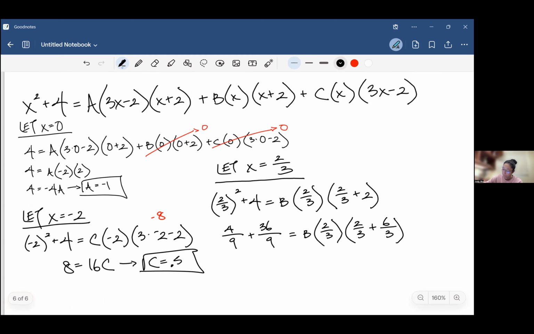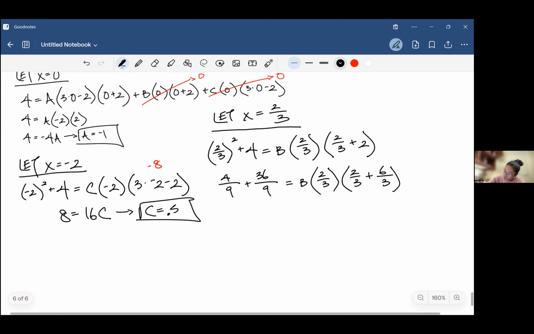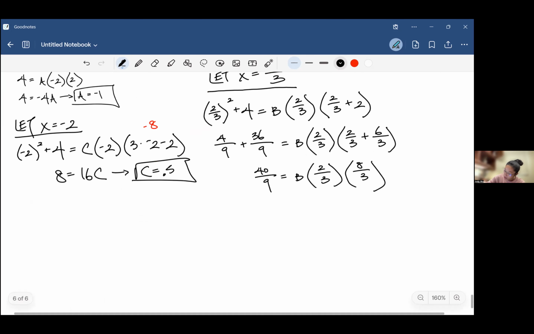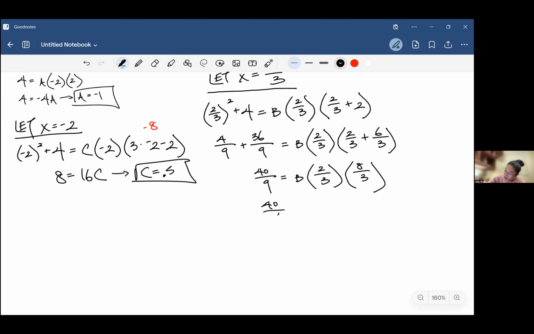Okay. All right, let's do some fraction work. We end up with 40/9, which equals b times 2/3 times 8/3. And I get 40/9 equals 16/9b. And that means that b is 2.5.